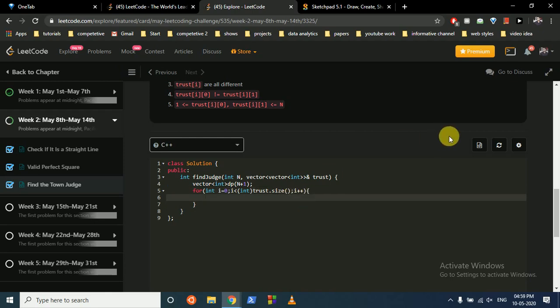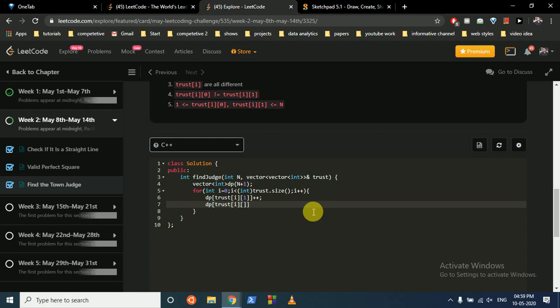For every pair, the first value represents person A and the second value represents person B. So if A trusts B, there is an arrow from A to B. For the in-degree, we have to increase the count for B, and for the out-degree we have to subtract for A.